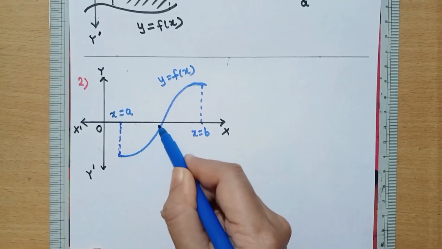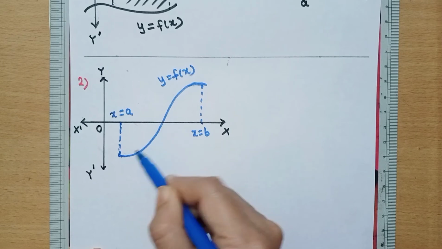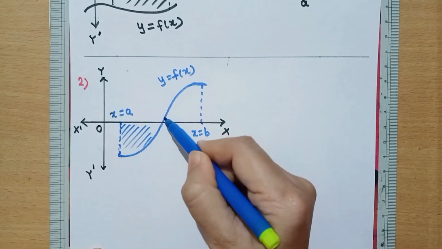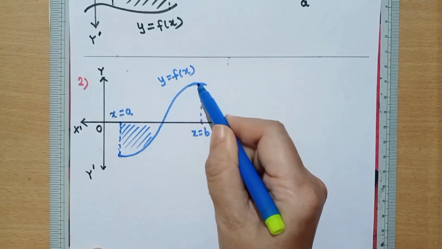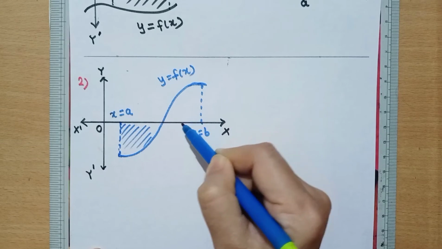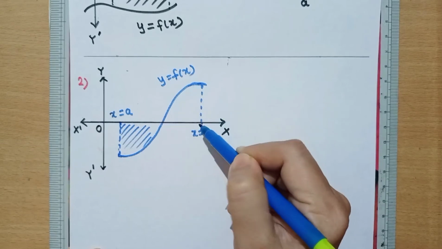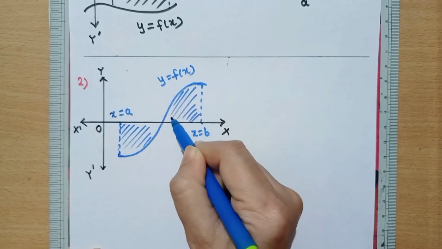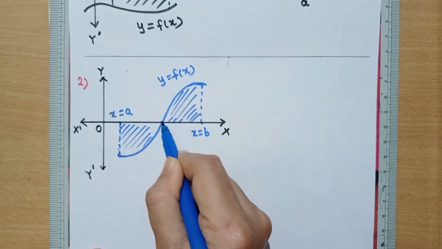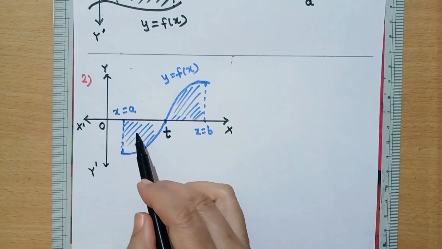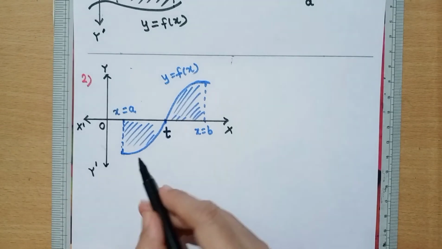Now this part of the curve is this, and the area below the curve will be this. If we consider this other part of the curve, the area below the curve bounded between the x-axis, the curve and this limit is this. Consider this point of intersection as T. So we have to find these two areas separately.